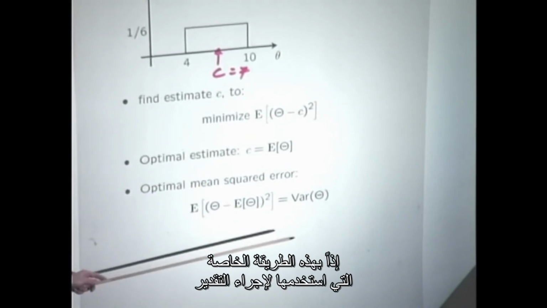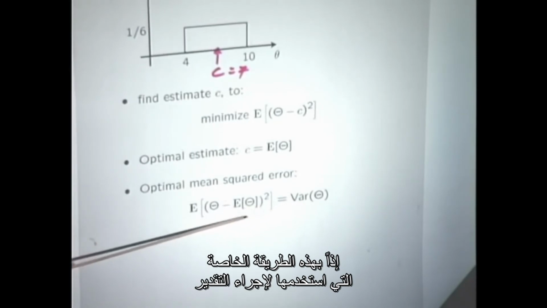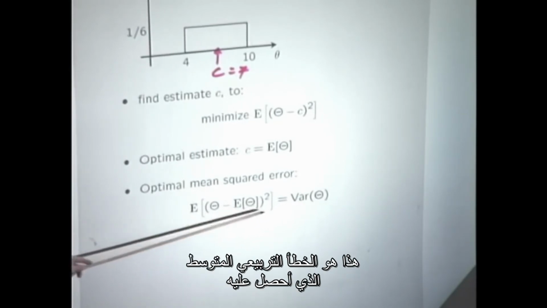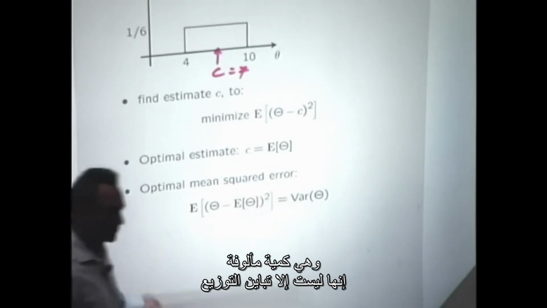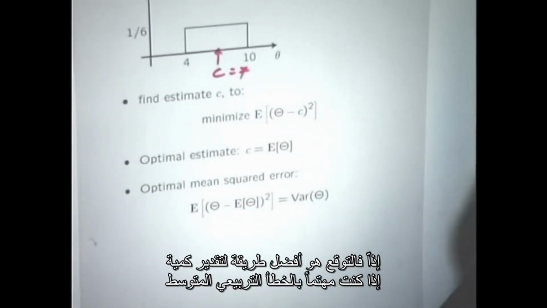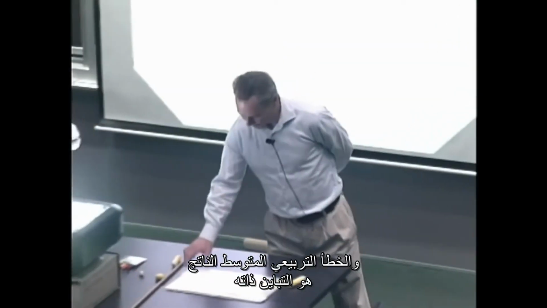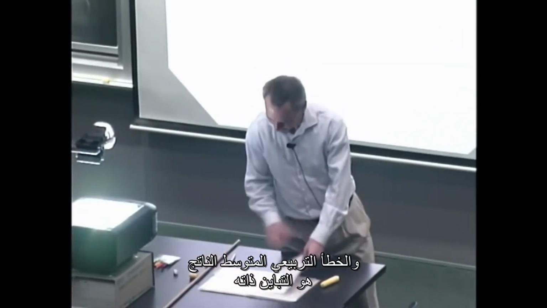So for this particular way that I'm using to do my estimation, this is the mean squared error that I get. And this is a familiar quantity, it's just the variance of the distribution. So the expectation is the best way to estimate a quantity if you're interested in the mean squared error. And the resulting mean squared error is the variance itself.